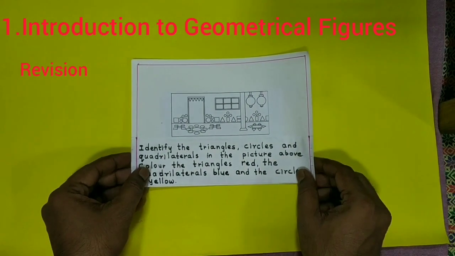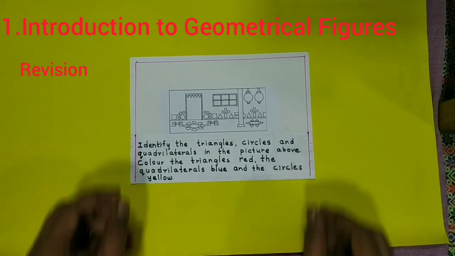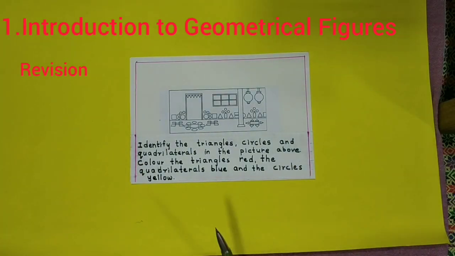Let us do one more activity. Let us read the question. Identify the triangles, circles, and quadrilaterals in the picture above. Color the triangles red, the quadrilaterals blue, and the circles yellow.